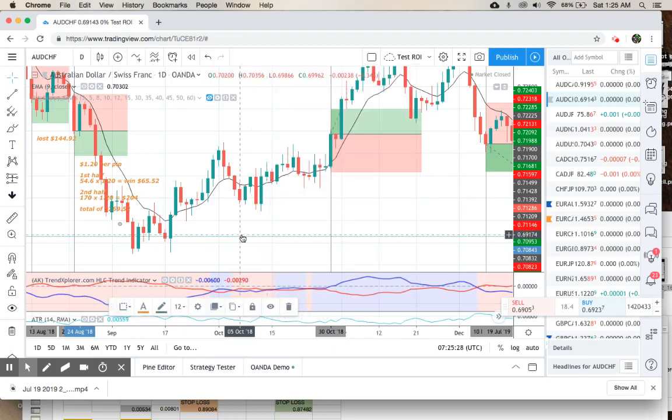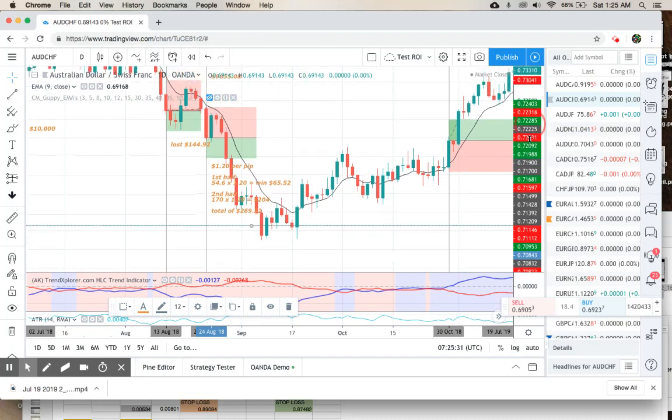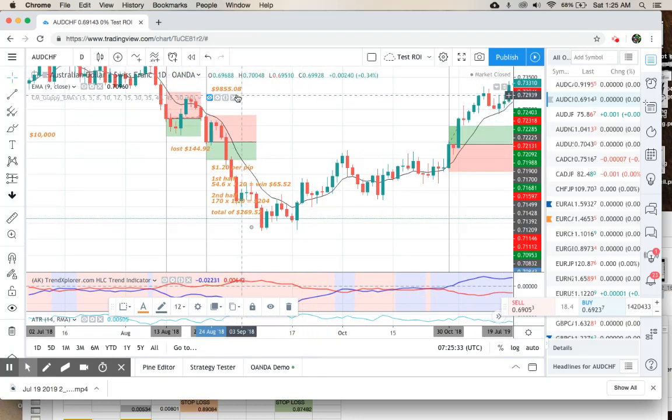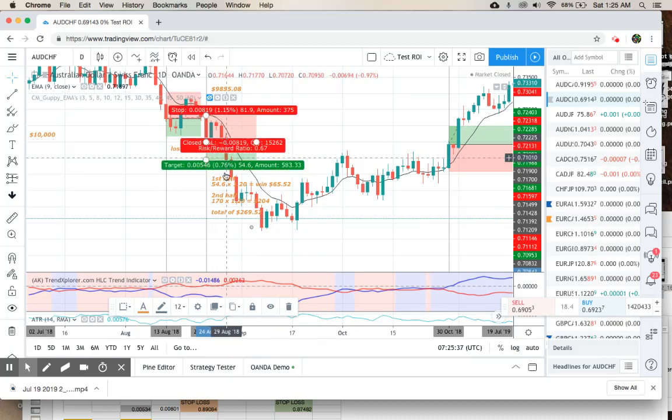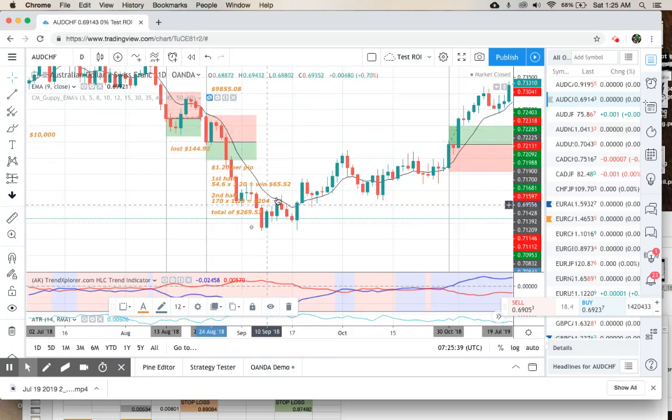Okay, so we were starting out here at 98.5508 before we entered this trade, and we got a pretty big win here. So 98.55.08 plus 269.52.